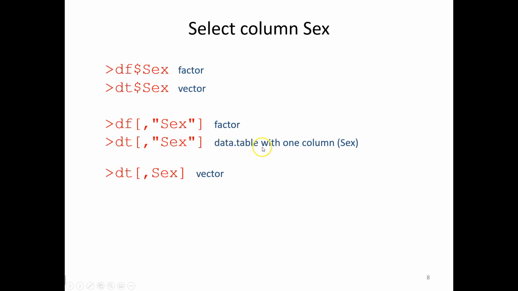You get it as a new data table with only one column, the column 6. And if you want to use the bracket version and actually get the vector, you would have to write dt, nothing, comma, 6 without the quotation marks. Then it's interpreted as the column name and it's returned as a vector.